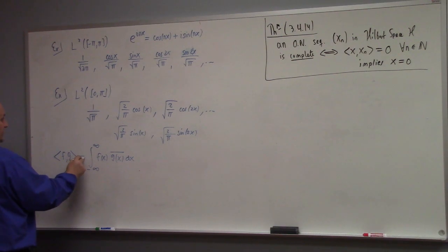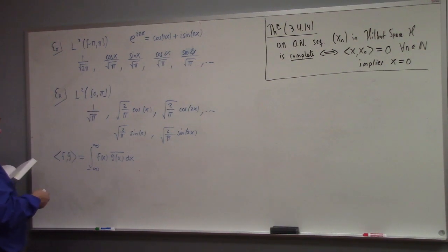But we're on L2, 0 to pi. This is for R. I'm looking for what's the inner product for the L2 0 to pi space. Well, would that just reduce to the interval from 0 to pi?